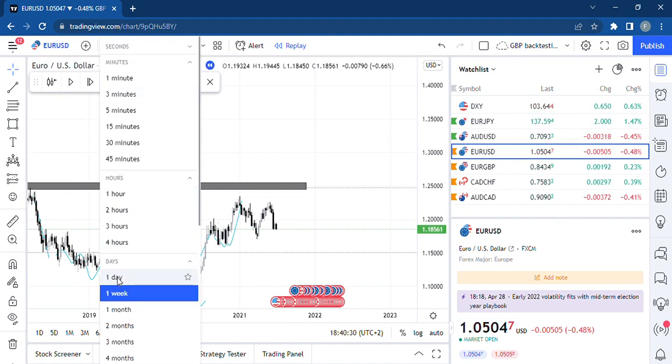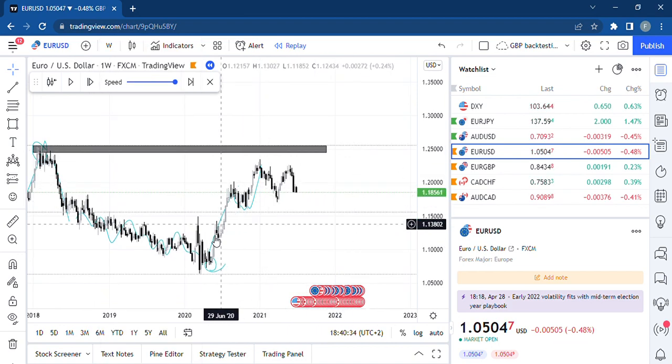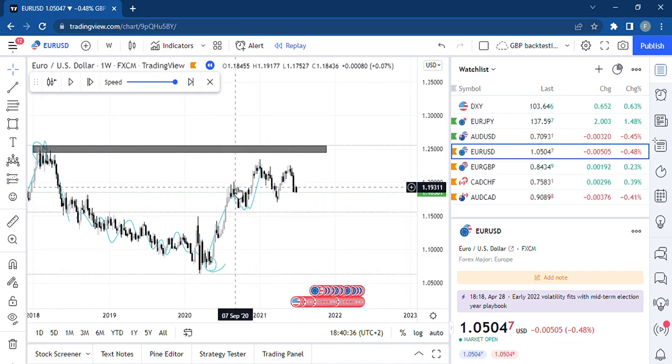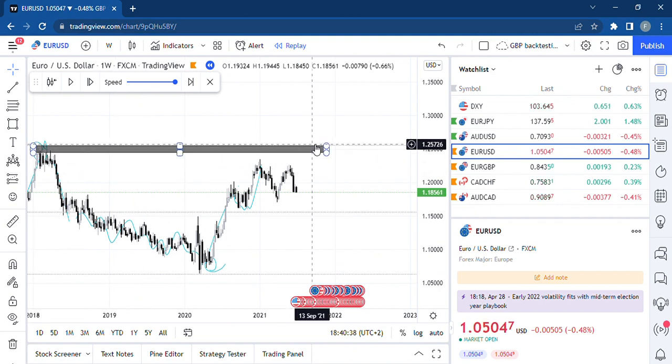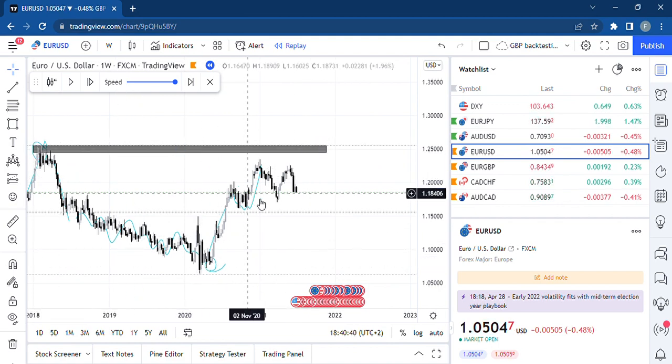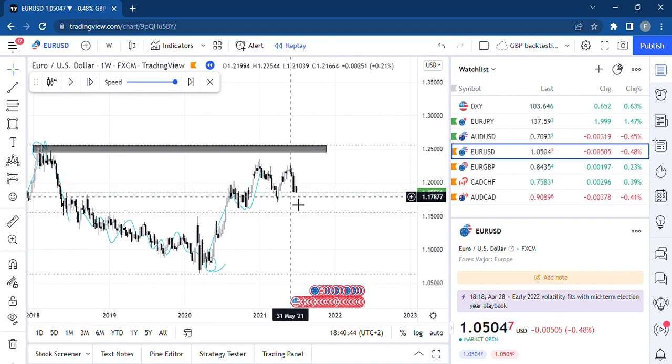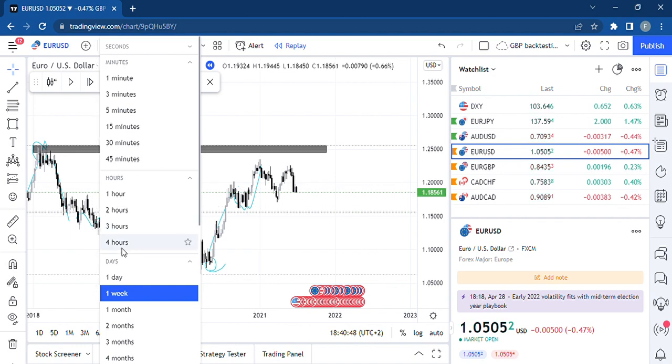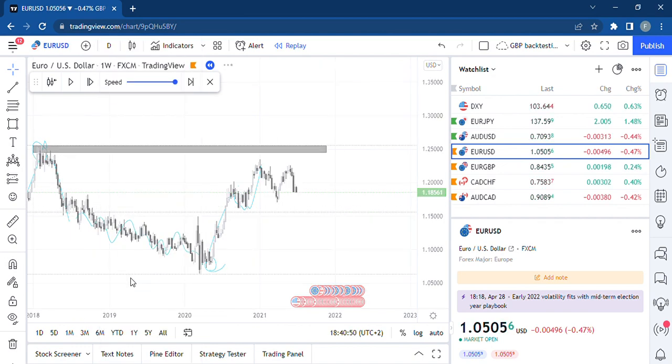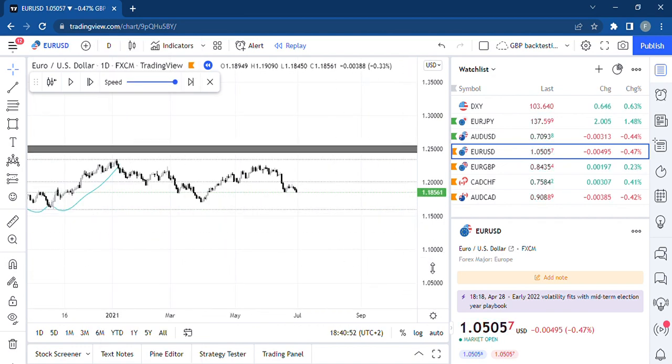Now we know that this is a high over there, and the market is moving weirdly towards it. So we don't know what to do. We look at the same thing on the weekly time frame.